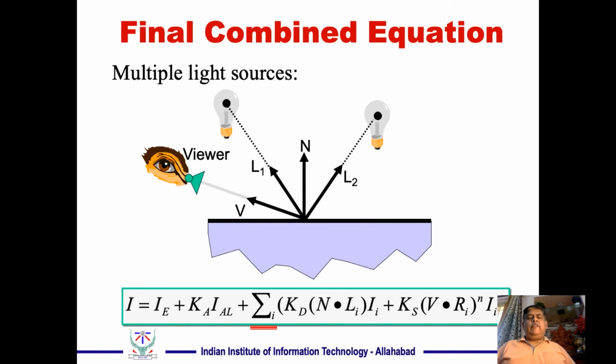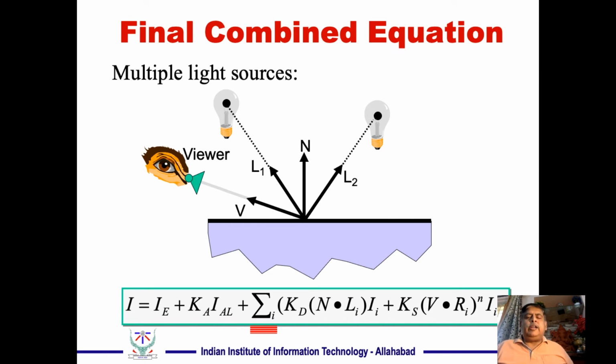So here I have this equation where, supposing now, instead of one light source, I have multiple light sources as shown here. I have one viewing angle, so I will have this summation. As you see here, this summation where the light source is written with an index Li, and Ii being the intensity of the light source which is illuminating it.